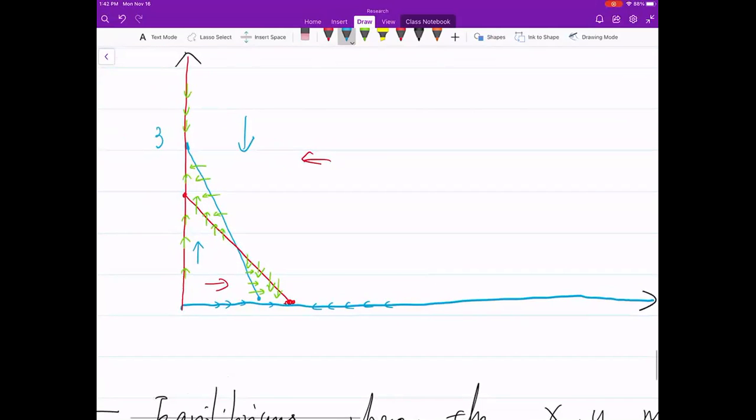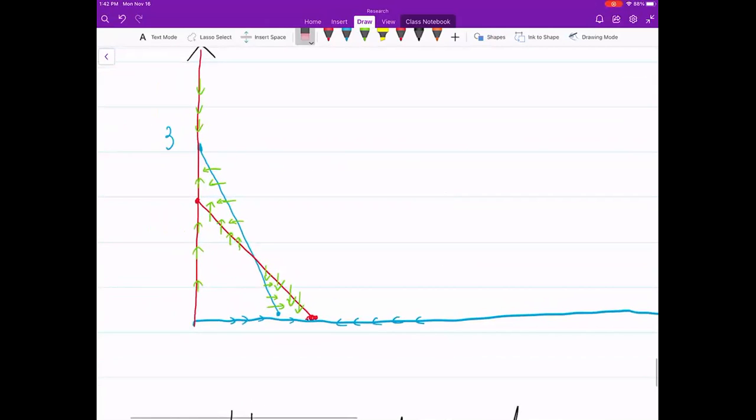Okay, that's roughly what I can do. Good so far?